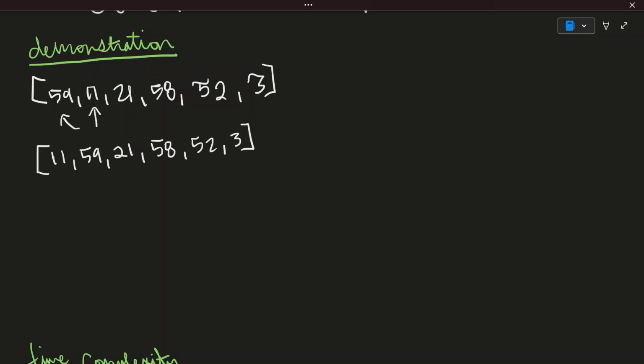Okay, and now 11 is in its correct position, so we move to the next index, 21. 21 is also less than 59, so we move it one space.